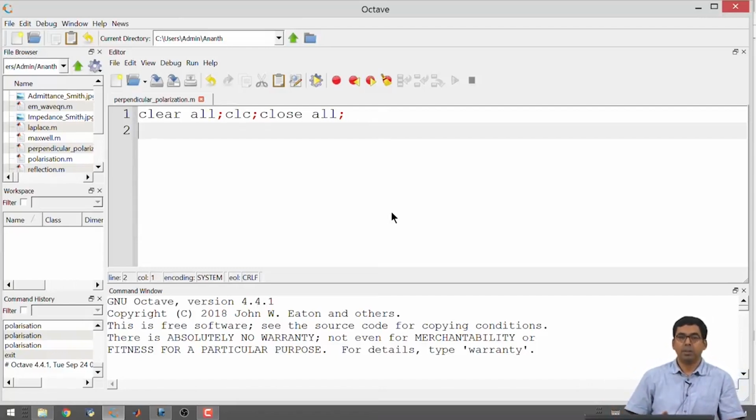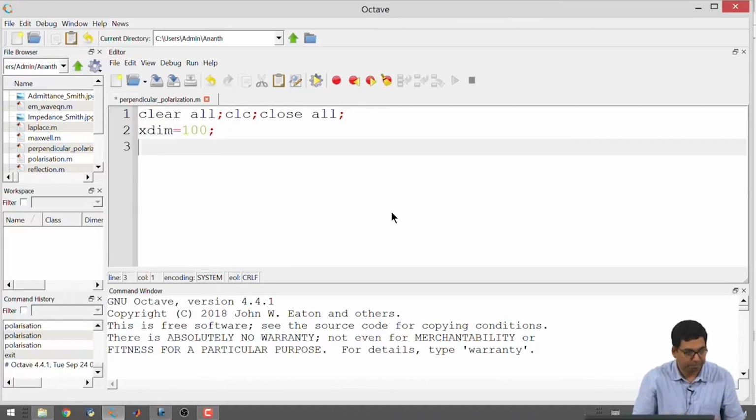So, I want to start with some dimensions for the space that we are considering. Let us consider that you have 100 units in the x and 100 units in the z. So, it is a square region. You can consider this to be having 100 delta x and 100 delta z. So, you can have x dimension is 100.